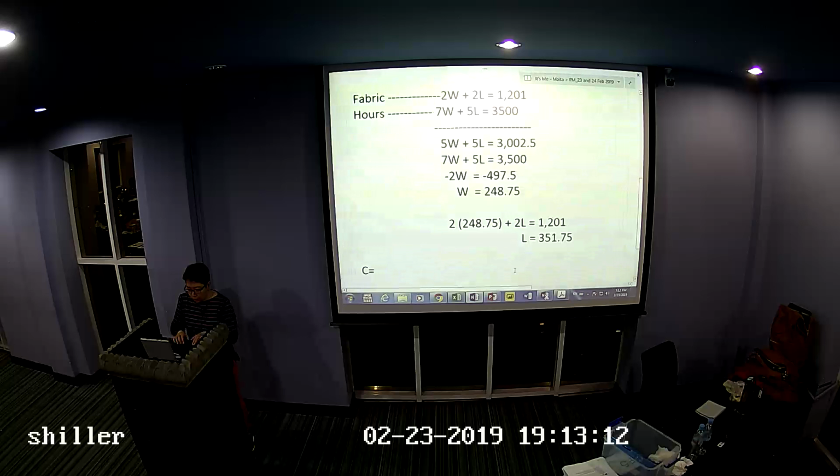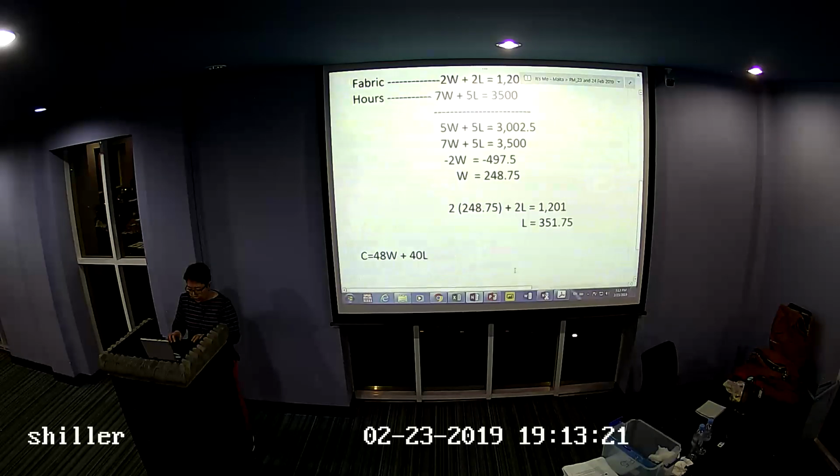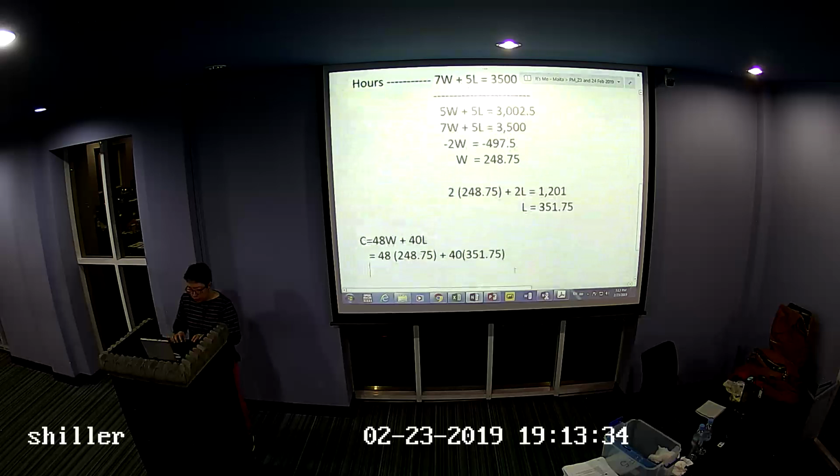Okay, so what will happen now to the contribution? C is equal to 48W plus 40L. So what is the new contribution? 26,010.